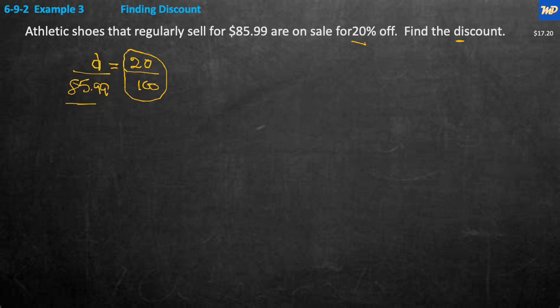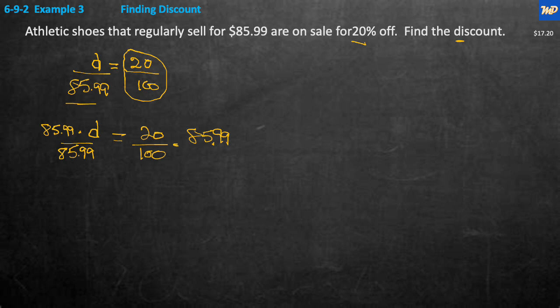$85.99. So in order to calculate this, we're going to say $85.99 times D divided by $85.99 is equal to 20 over 100 times $85.99.